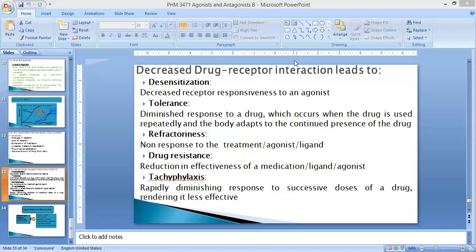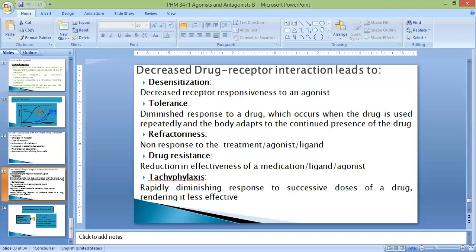One of the things can be desensitization, whereby the receptor has a reduced responsiveness to the drug. Okay, that's desensitization.